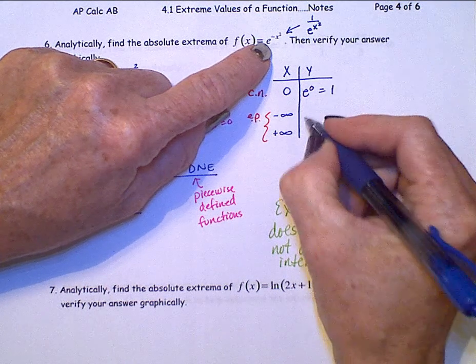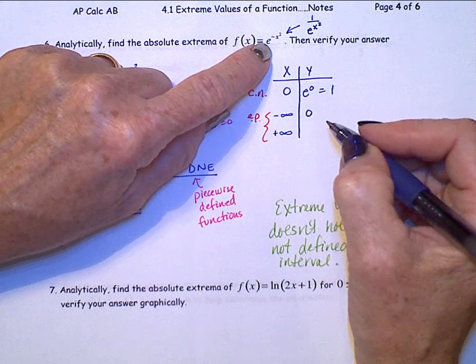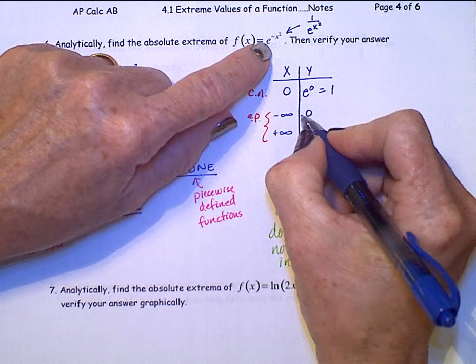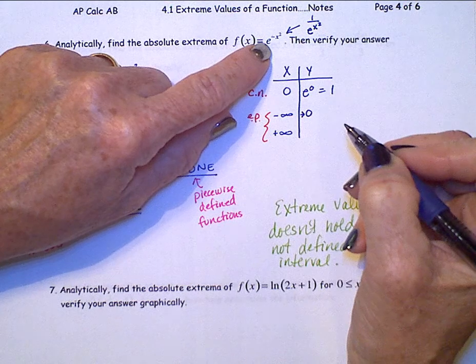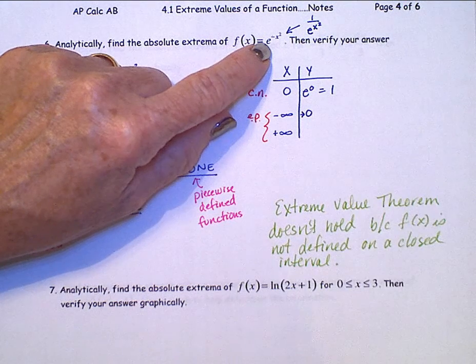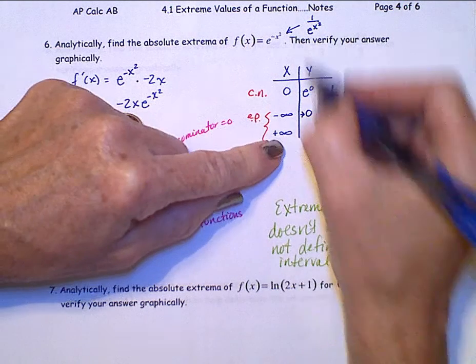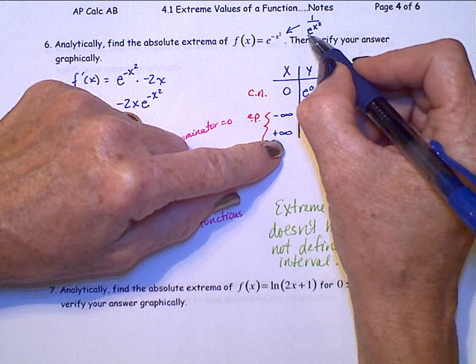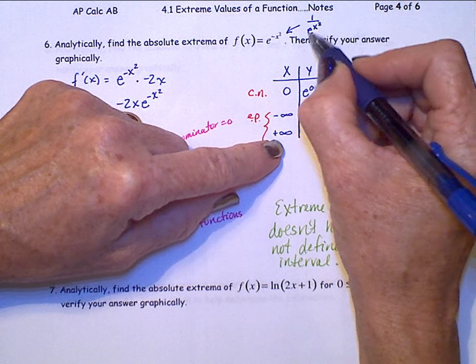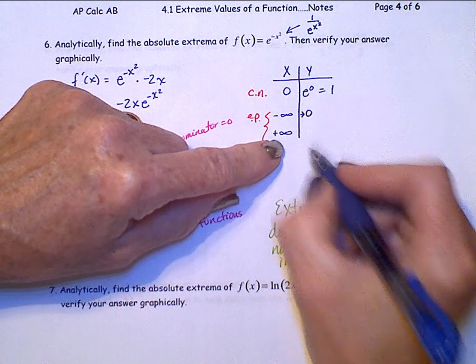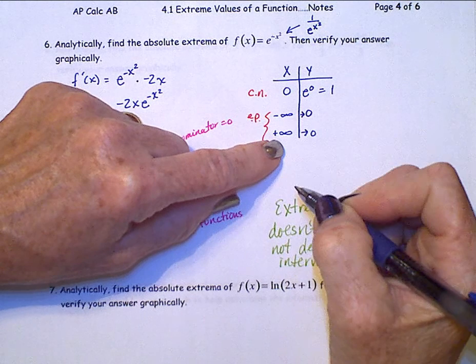That's going to 0. Does it really end at 0? No, it goes to 0. It gets close. Likewise, if we put in a positive infinity here, e to a very large number, this is very large in the denominator, so the whole fraction goes to 0.